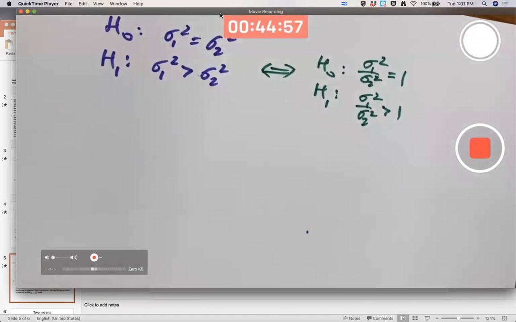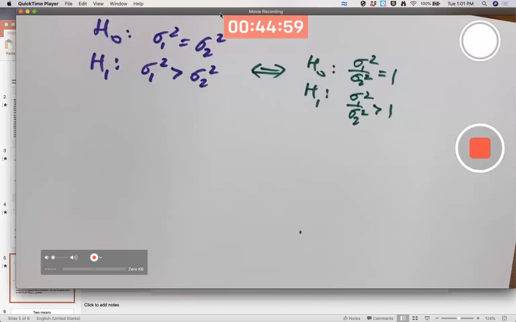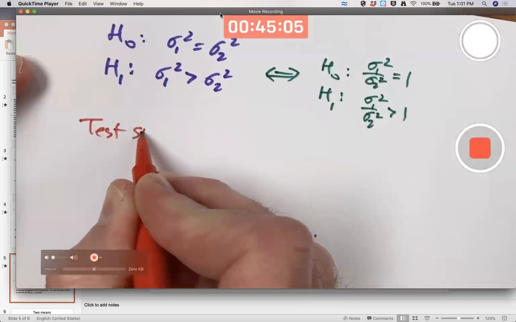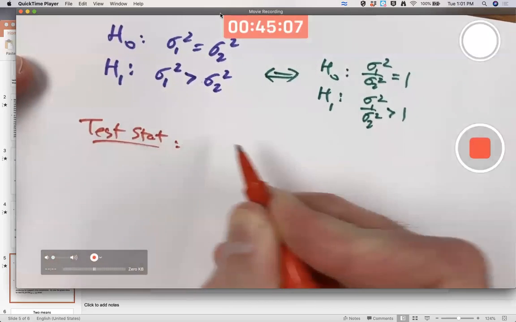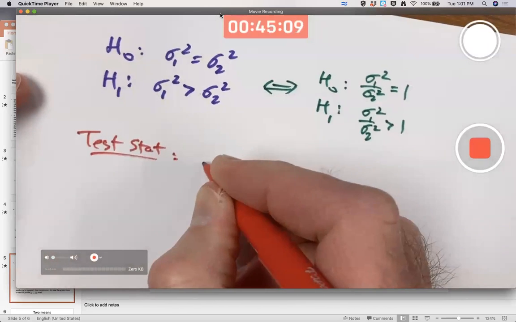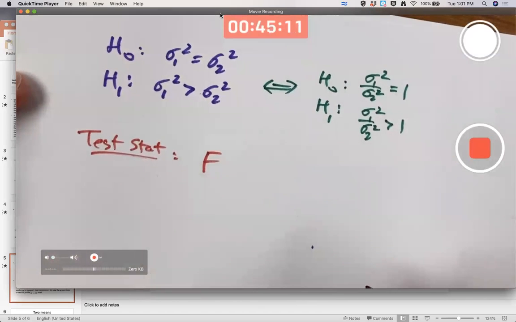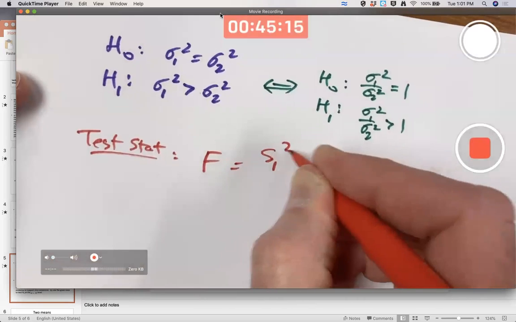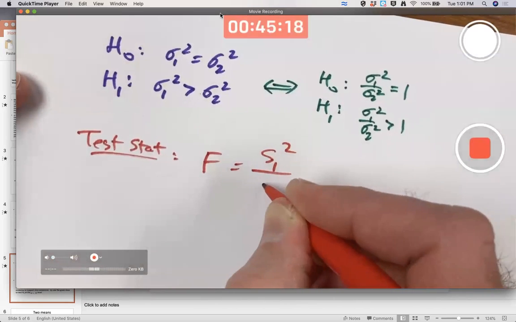So the question is, what's the statistic? It's called an F statistic, the test stat. Capital F is the sample variance S1 squared divided by the other sample variance S2 squared.